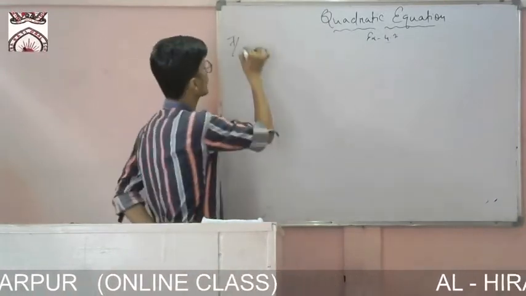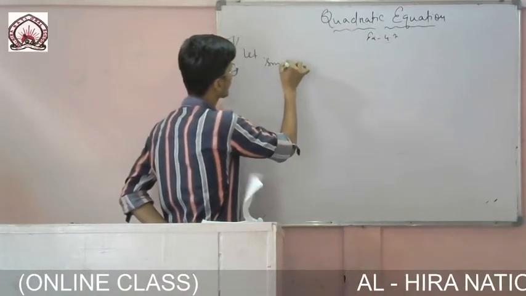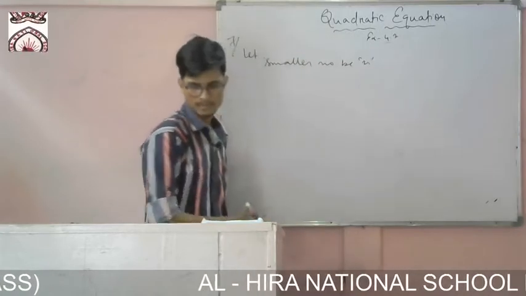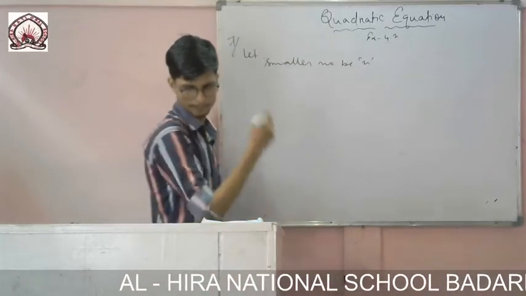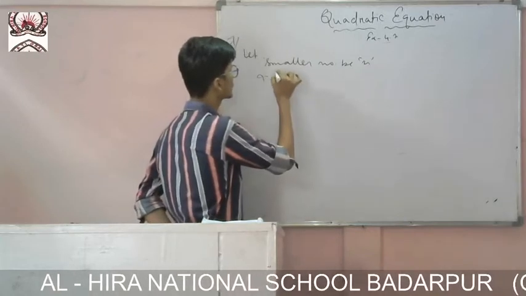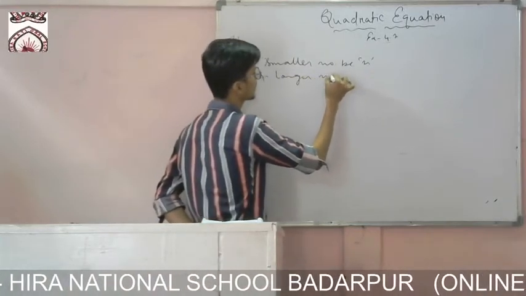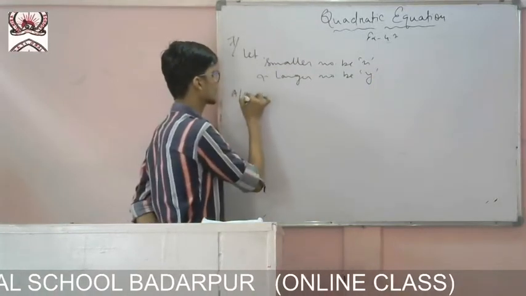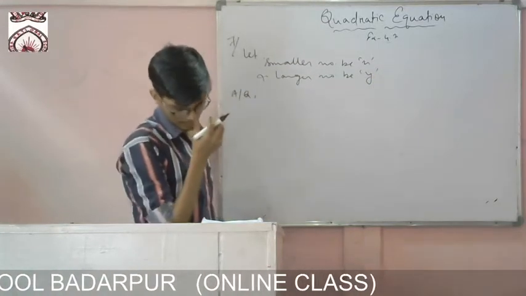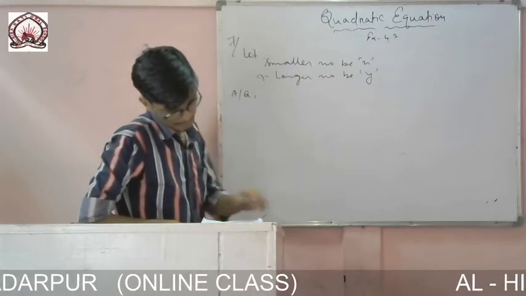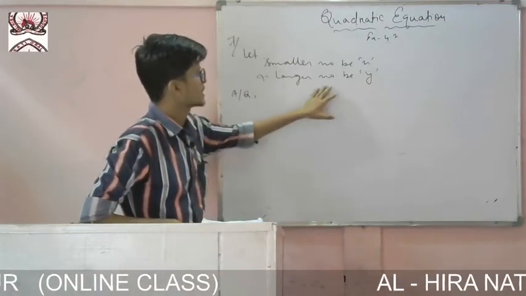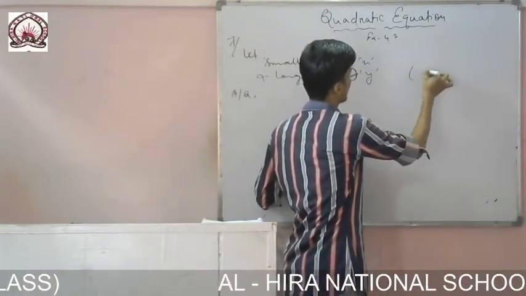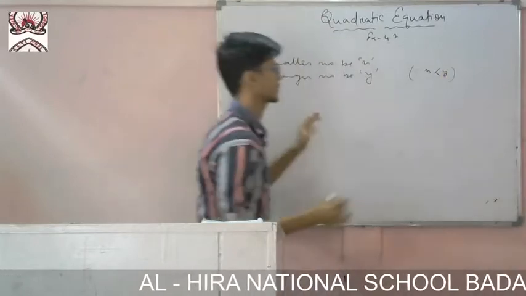So let the smaller number be x and the larger number be y. Okay, we are taking x as the smaller number, y is the larger number.